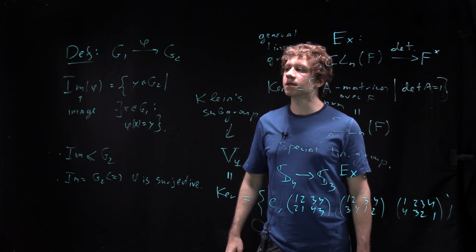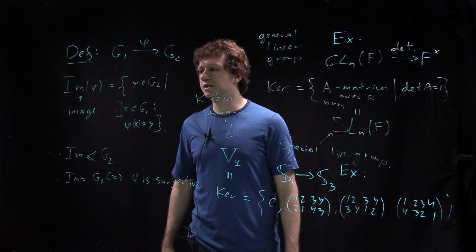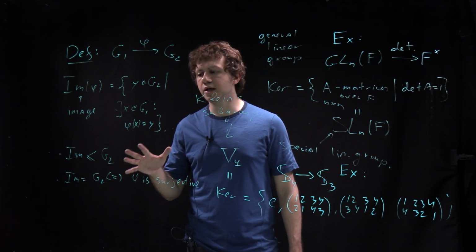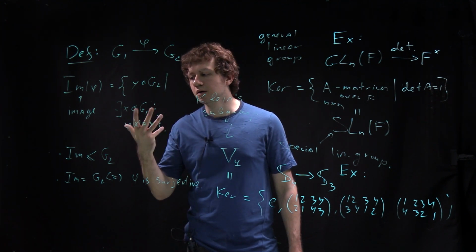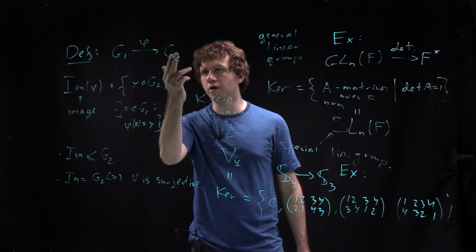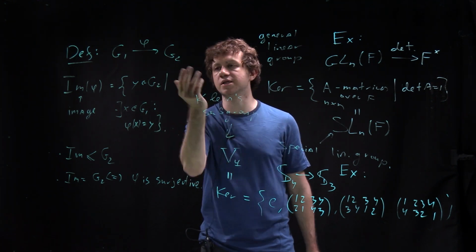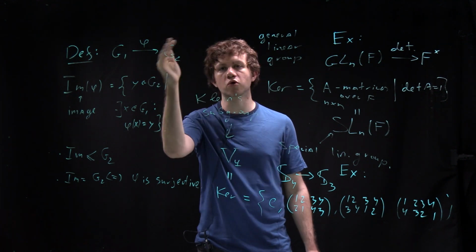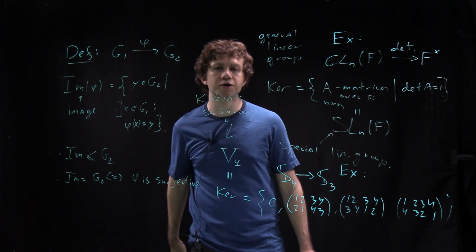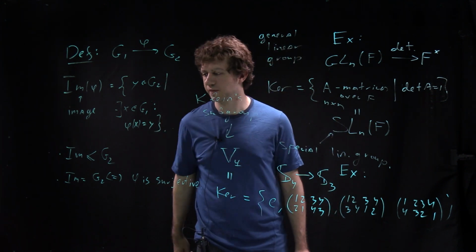In some sense, image is a less important idea than kernel maybe, because kernels actually, as we'll see later, define homomorphisms. And of course, if you have a homomorphism, you can compose it with any inclusion of G2 as a subgroup somewhere. You will get more and more homomorphisms from this one. So in some sense, the most interesting are those which are surjective.